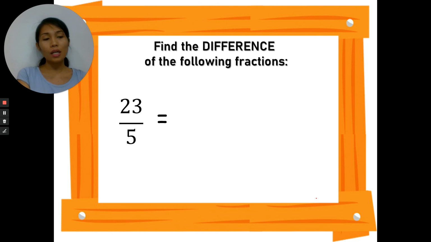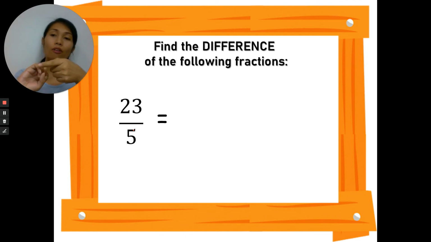Okay, so we're gonna do it here. Like what we did earlier in this lesson, to convert an improper fraction to a mixed number, we need to find how many denominators are there in the numerator. So how many 5s are there in 23?